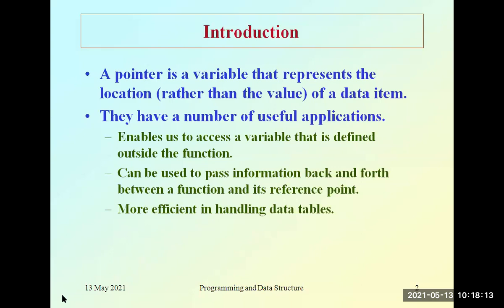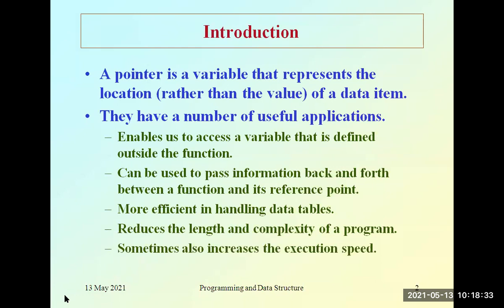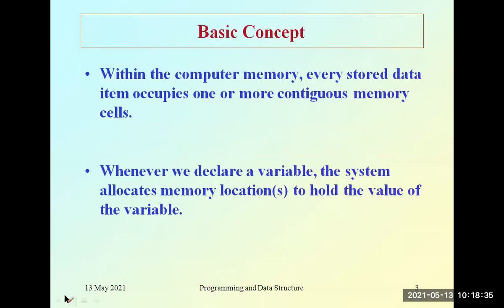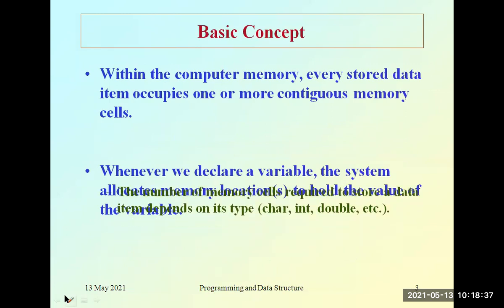And it is more efficient for handling data tables. Note that not all pointers actually contain an address. They may contain null pointers also. Now what is the value of a null pointer? Null pointer is 0.